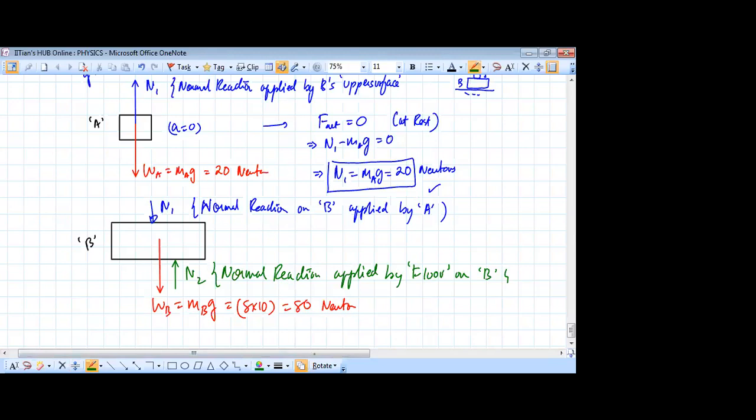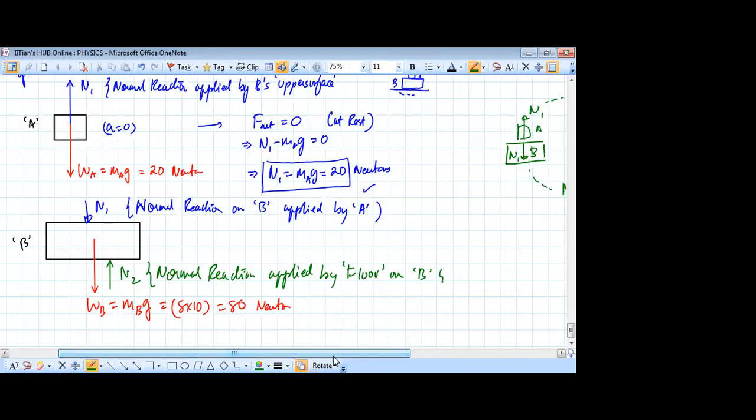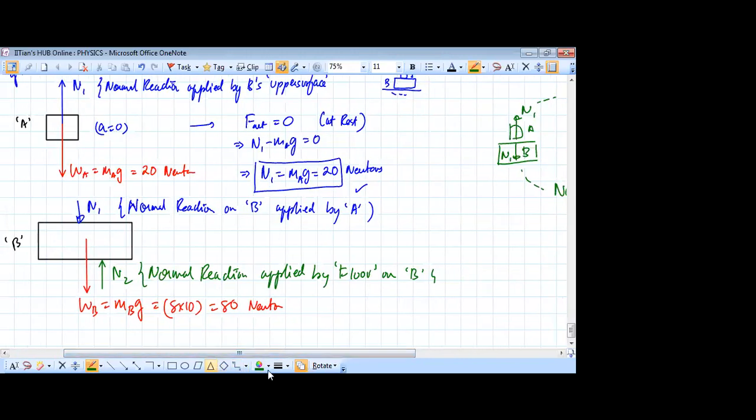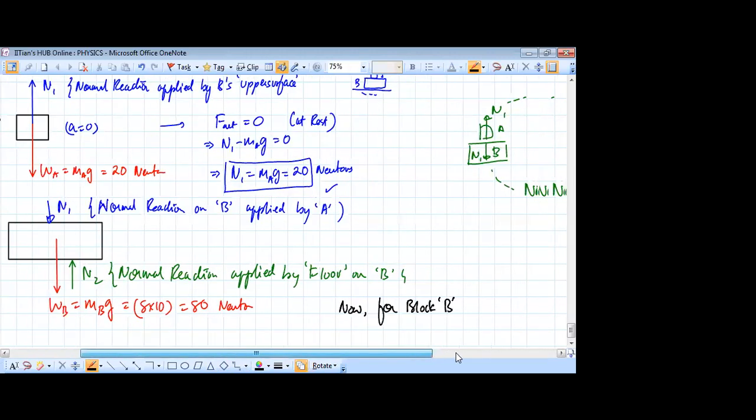Okay. Now let's come to Newton's second law applied for the object B. So now, for the block B, again what should happen?